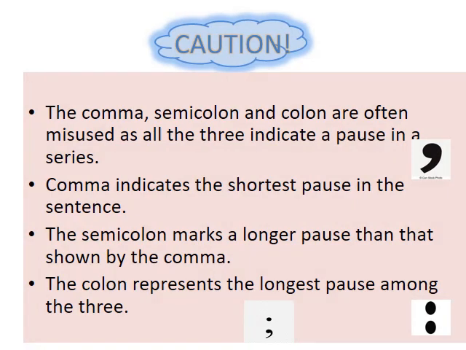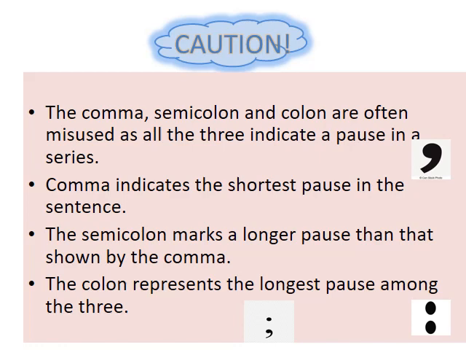The usage of punctuation marks is very simple and interesting. They are very easy to understand. But students, since comma, semicolon and colon all three indicate a pause in a series, we should be a little careful while using them.